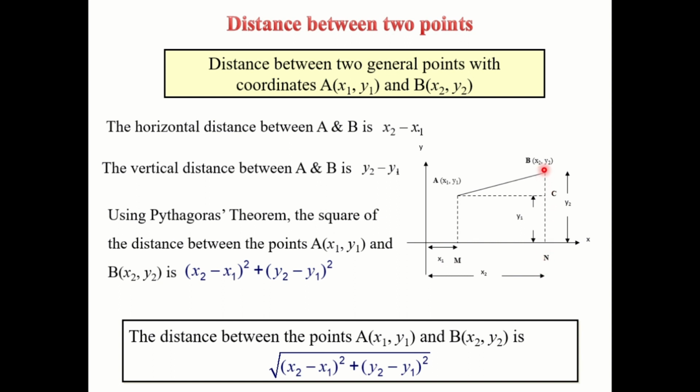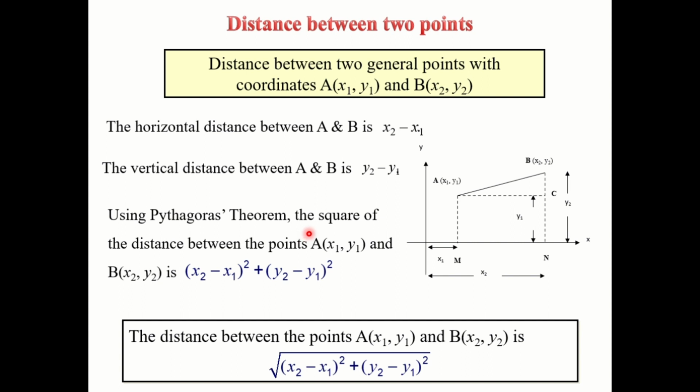Then y2 is the vertical distance of point B from the x-axis along the y-axis. Clear? x1 is OM, x2 is ON, BN is y2 and CN is y1. Now we have to use the Pythagoras theorem.